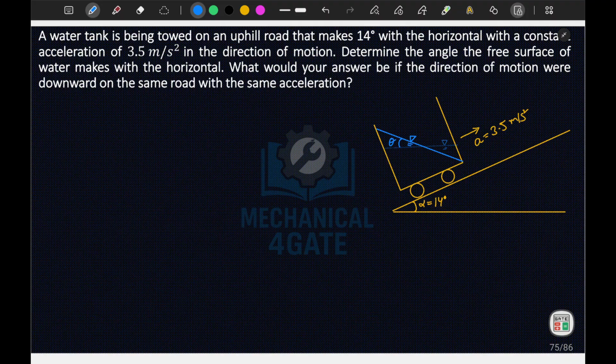In such types of questions, if I talk about acceleration due to gravity, g will always act in the vertical downward direction. So this is the direction of g. And this acceleration, we break it into two components.